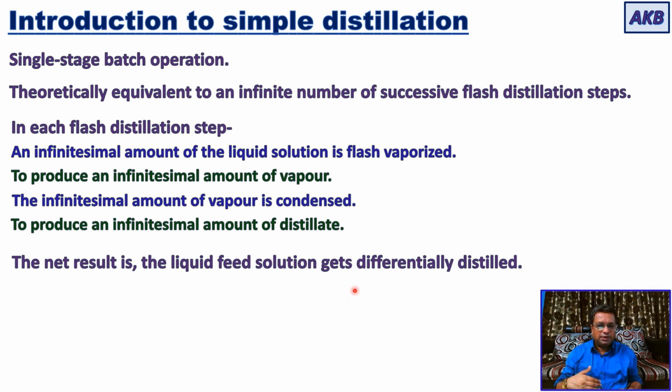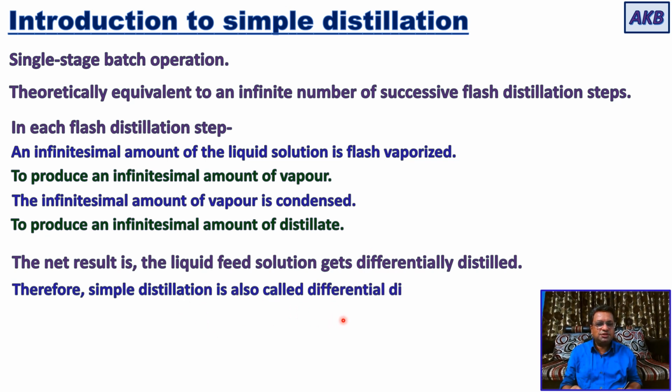So the net result is that the original liquid feed solution gets differentially distilled, and that's why simple distillation is also called differential distillation. The other name given to this operation is differential distillation.